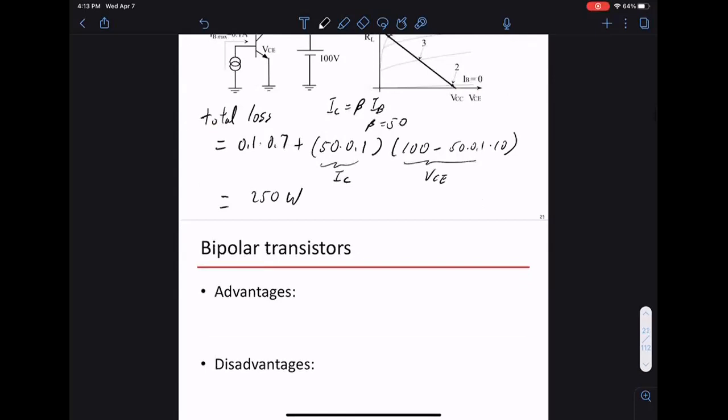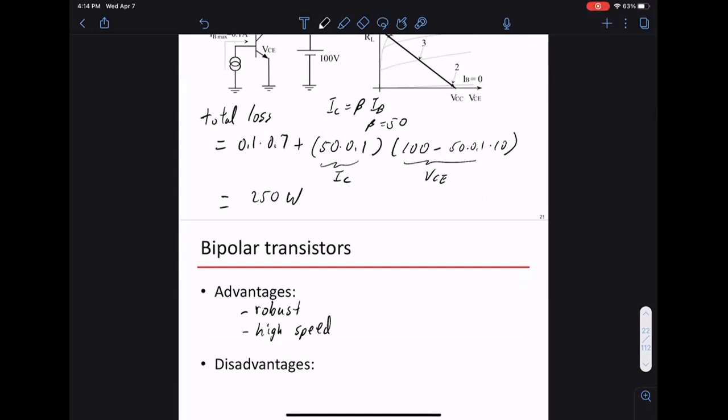So if you look at advantage and disadvantage of the bipolar transistor, the advantage is this is very robust actually. This thing tolerates heat and loss and high current, high voltage quite well. It's a lot more robust than a MOSFET. This is high speed. You can switch at a fairly high speed.